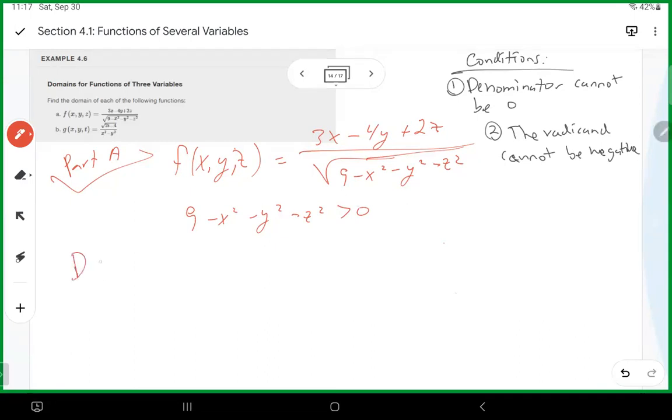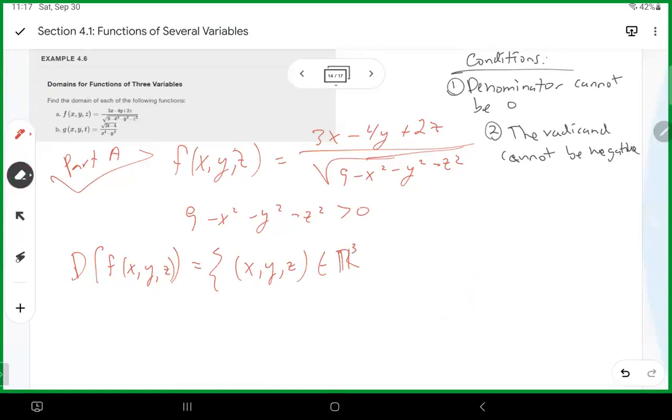So the domain of f of x, y, z would be written as x, y, z an element of R cubed such that x squared plus y squared plus z squared has to be less than 9.